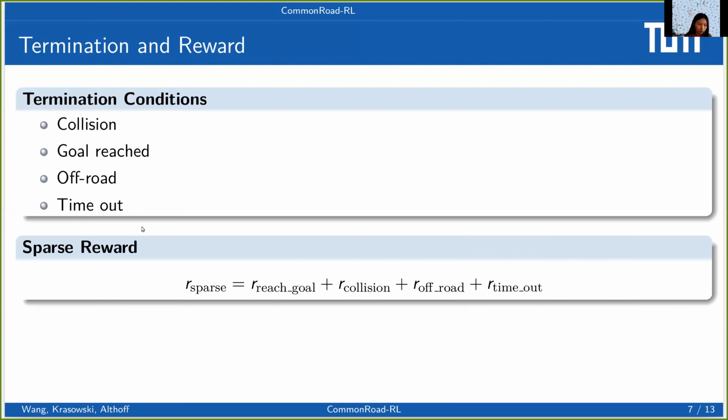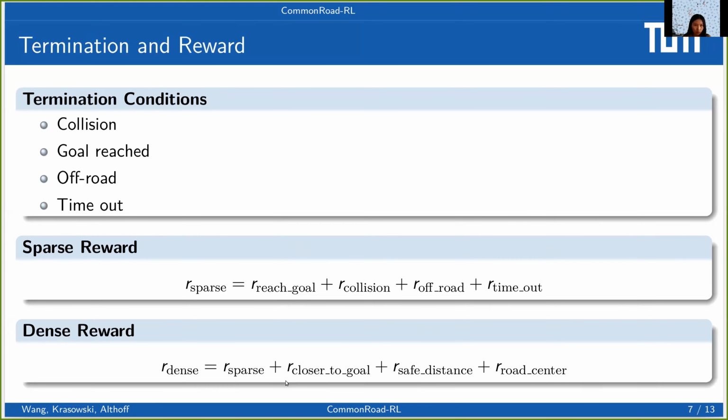We have two kinds of rewards. The sparse reward gives a constant positive or negative value if those termination events happen. The dense reward consists of the sparse reward and additionally provides some intermediate guidance for getting closer to the goal, keeping a safe distance to others, and staying at the center of the lane.